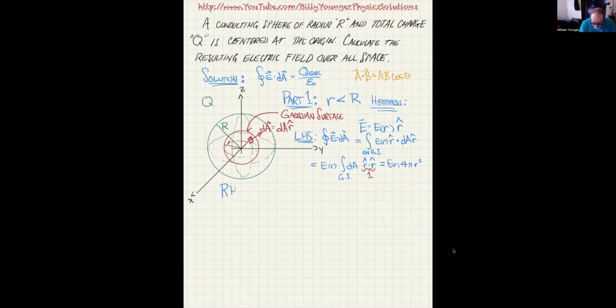The right-hand side of Gauss's law is, in fact, Q enclosed over epsilon naught, which equals 1 over epsilon naught. Now, here's the big deal.